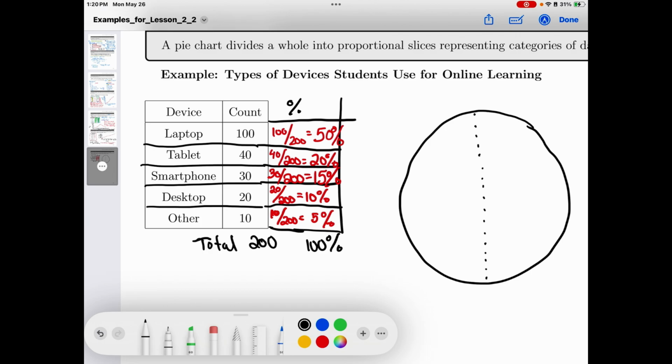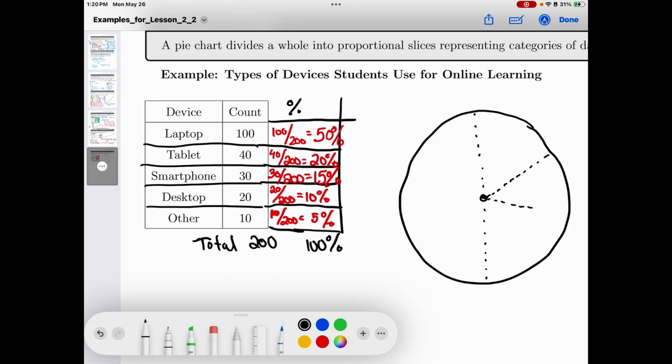So in order to take 100% and make 10% slices, I need 10 slices. So I'm going to make half of the circle 5 slices, and then the other half 5 slices.